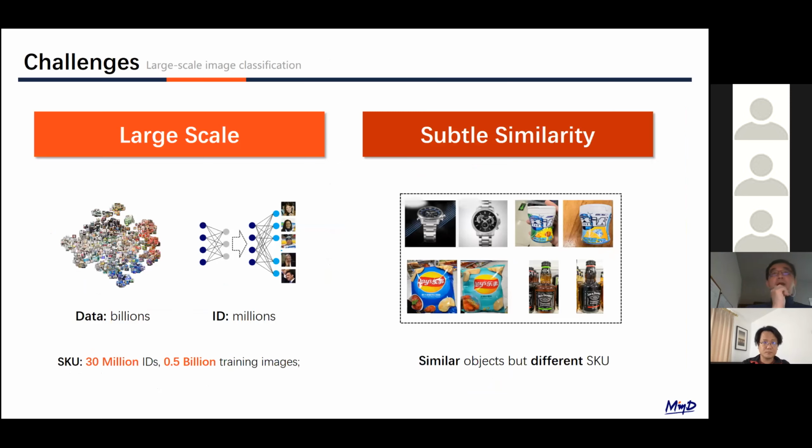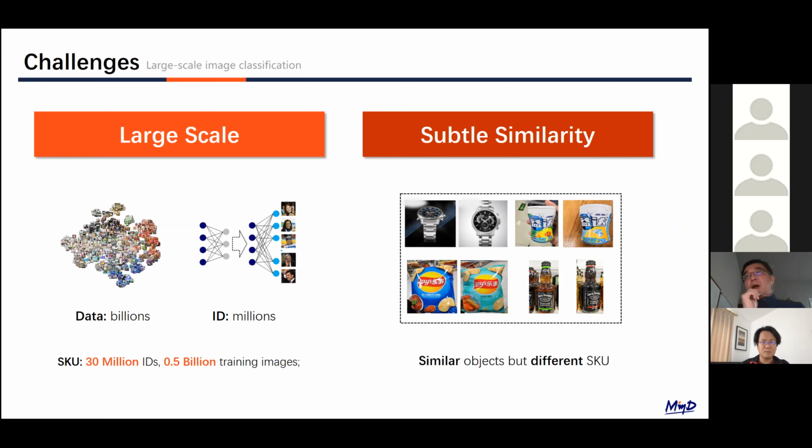As I said a moment ago, the challenge we face in building the Pailitao system comes from two perspectives. One is the scale, right? The number of images you deal with, the number of product IDs you have to deal with. Also, we have to build a system that can scale to 20 million users on a daily basis.